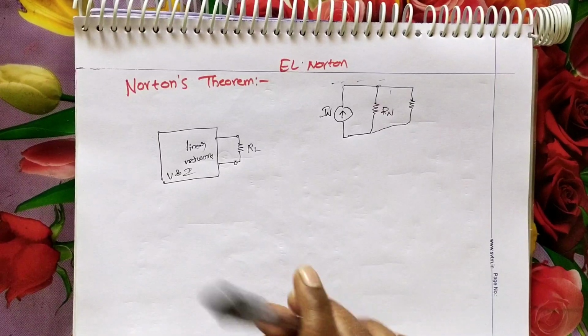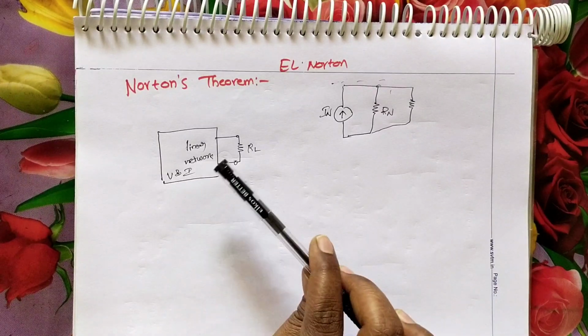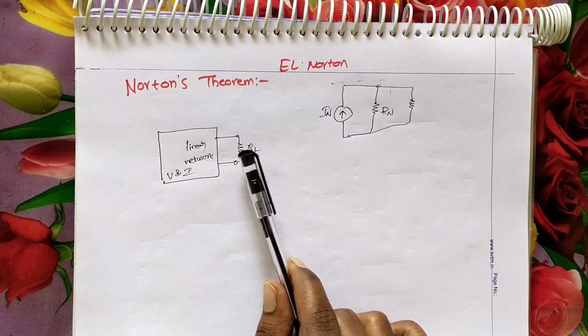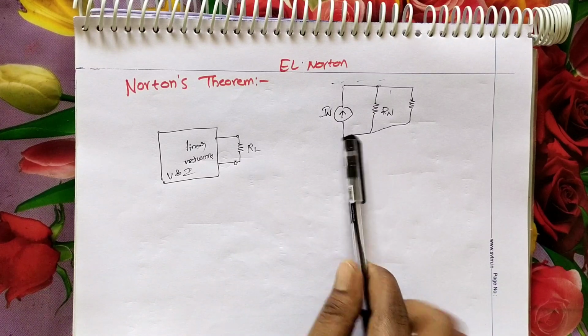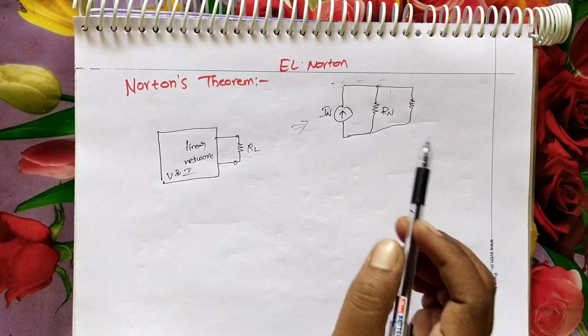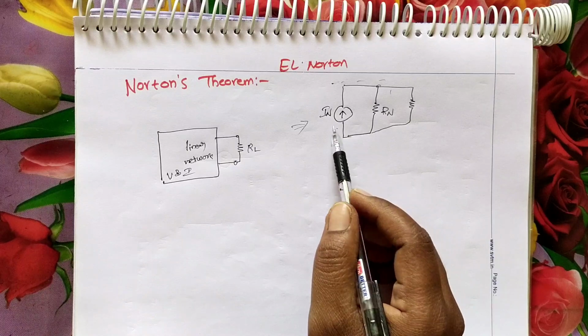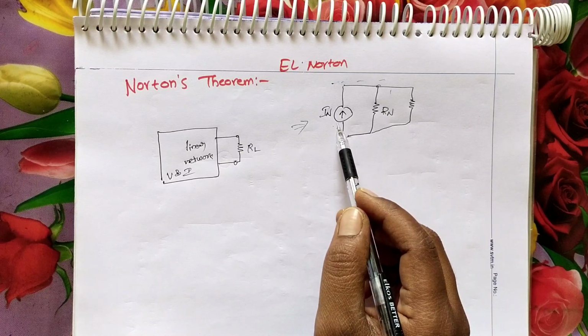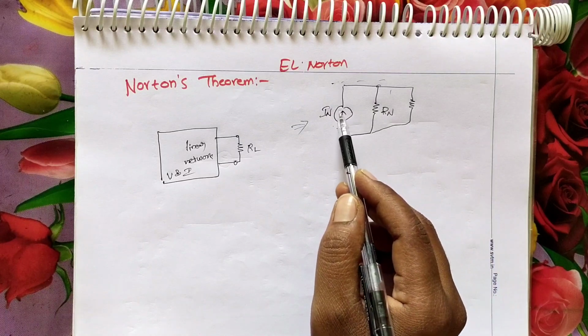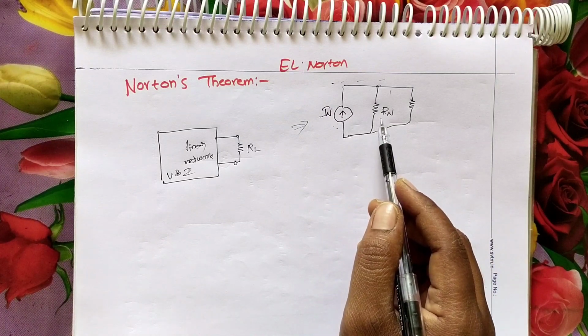If a circuit consists of a linear network with voltages and currents, then the circuit can be converted into Norton's current and Norton's resistance. How to calculate Norton's current, how to form Norton's equivalent circuit: Norton's current in parallel with Norton's resistance.